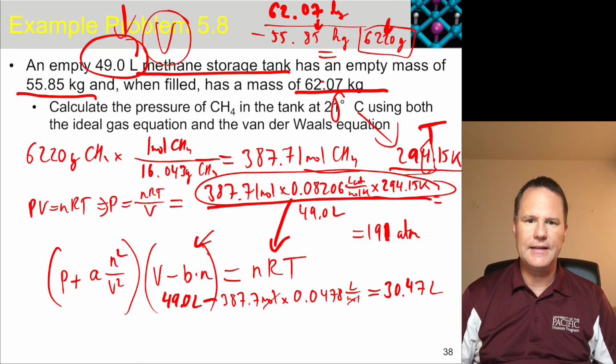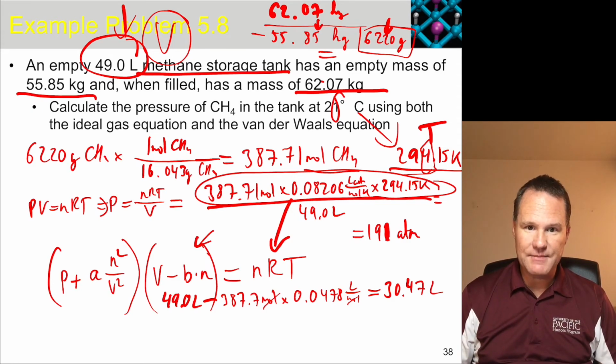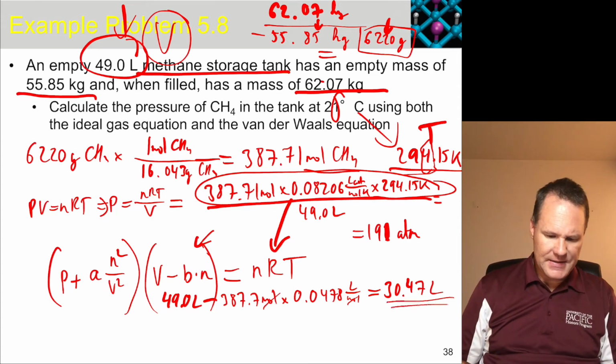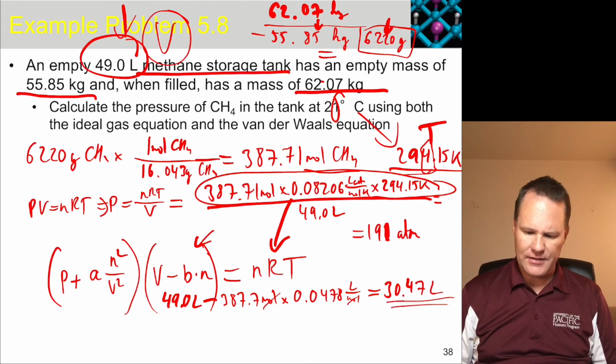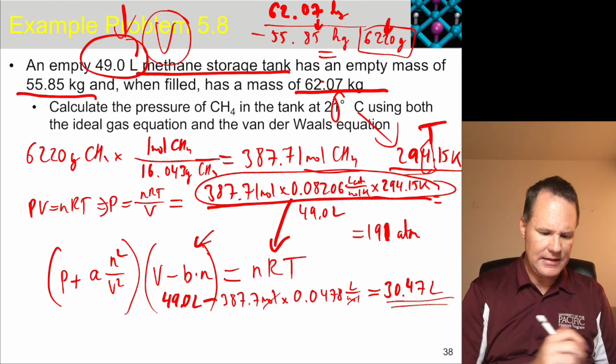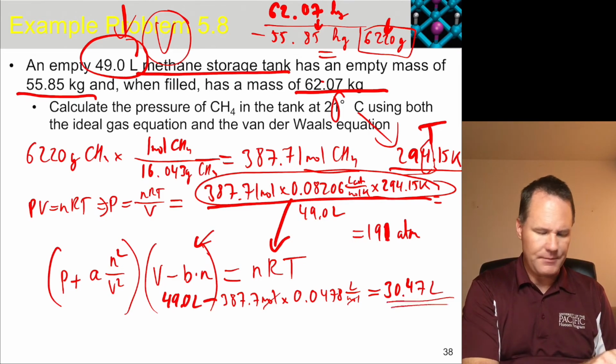Instead of the 49 liters with zero particle volume, at this 191 atmospheres it now reduces by well over a third of the available volume. More than a third of the volume is occupied by the molecules themselves. So that is some crazy large value. And so now with that and the nRT, I can just calculate the pressure and then subtract the correction.